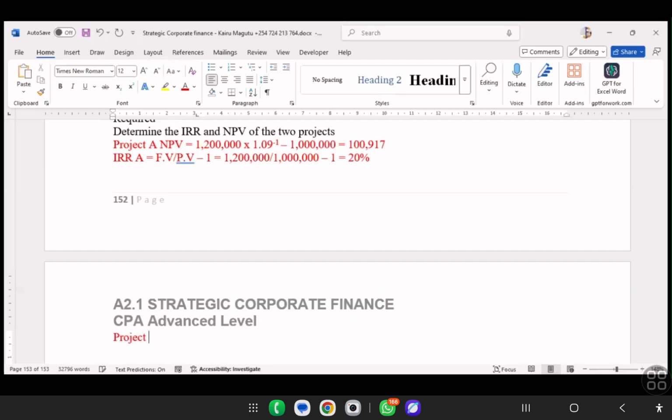Project B, NPV is equal to 150 multiplied by 1.09 power negative 1, because it is 1 year here, minus 100. How much is the NPV for project B?